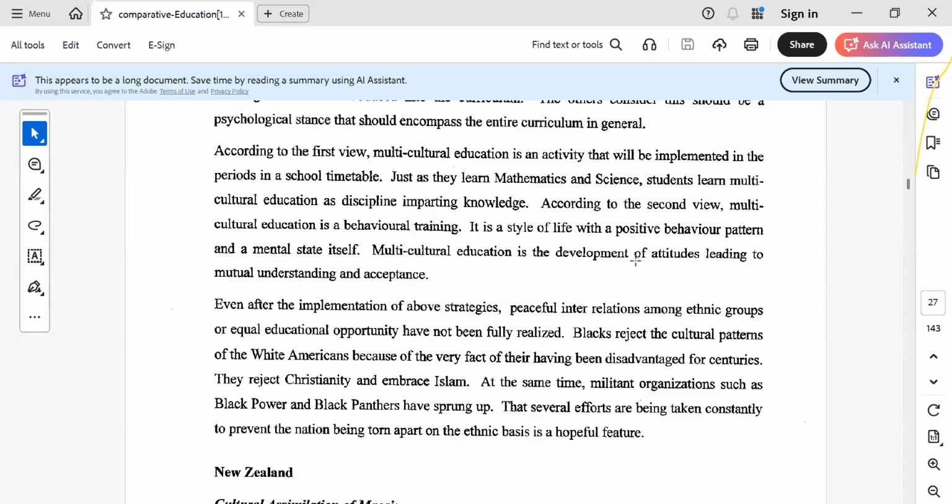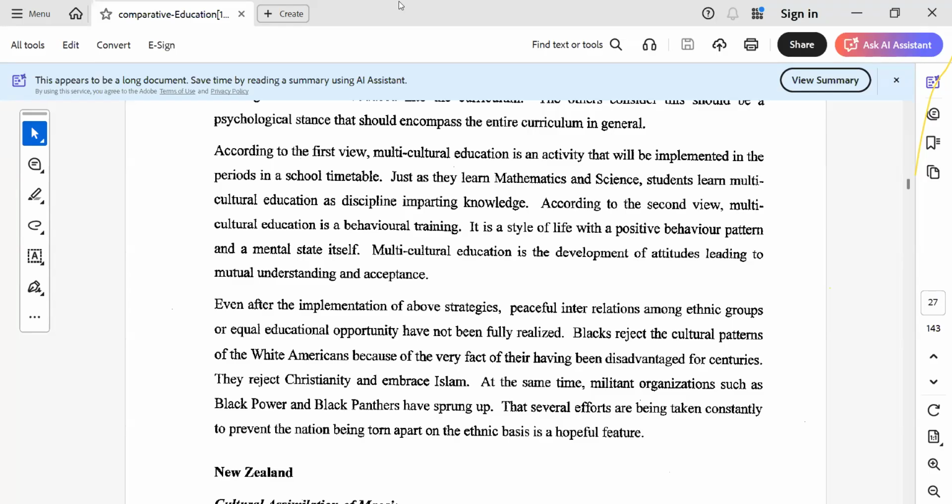If it is an English medium Montessori, definitely all ethnicities will be there. So they are celebrating all types of ethnic festivals, exchange programs, right? So here even they are suggesting that.